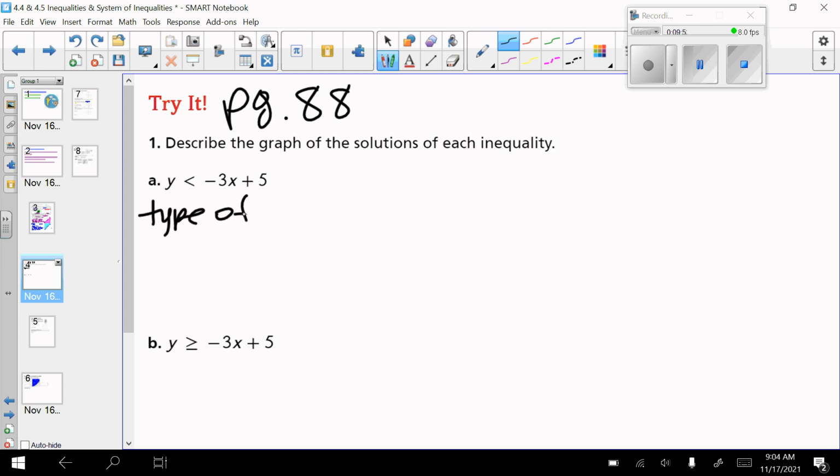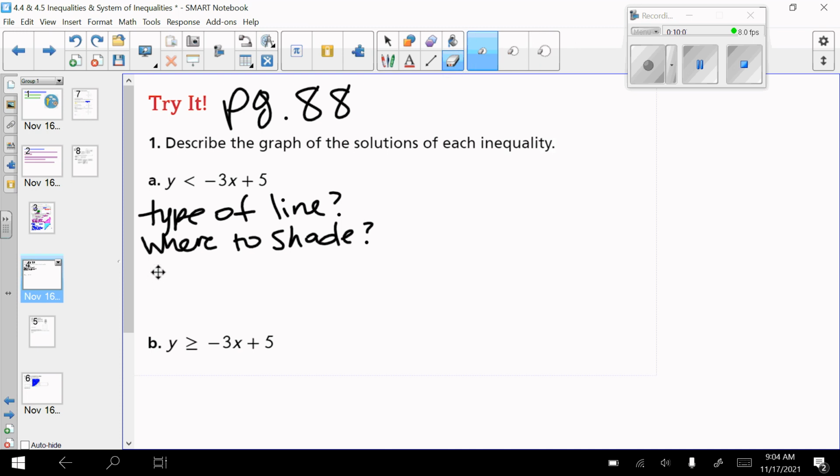Type of line, where to shade, and y-intercept and slope.